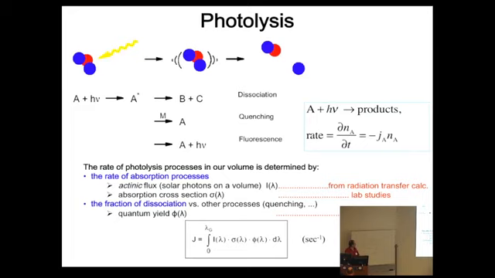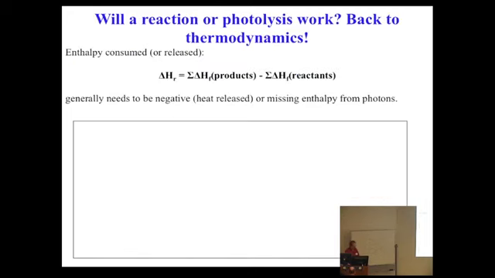This is from radiative transfer calculations, and this quantum yield is from the lab. But supposing we want to know whether a kinetic reaction works, well, we're back in the old realm of thermodynamics. And since you're talking about bond breaking and bond formation, heat release or not, you can actually use enthalpy as a pretty good guide rather than Gibbs free energy in this case.